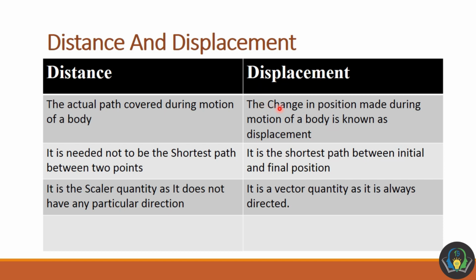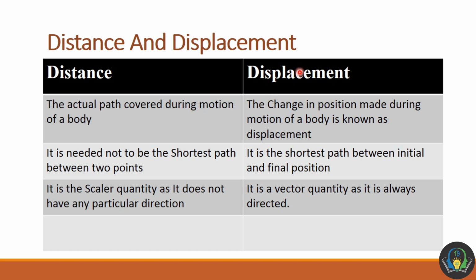On the other side, the change in position made during motion of a body is known as displacement. So when you are changing position, which means your starting point and ending point are different, then there will be some non-zero displacement. But if your starting and final point are the same, then that will be considered zero displacement. So distance cannot be zero, whereas displacement can be zero.